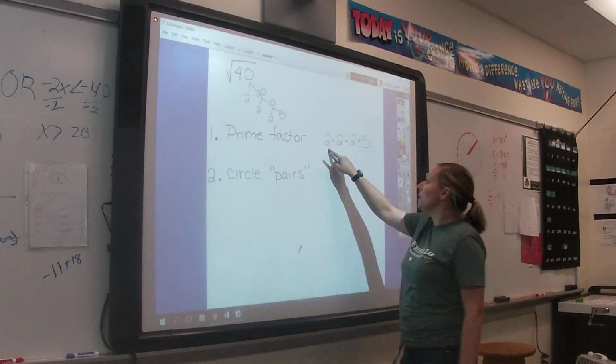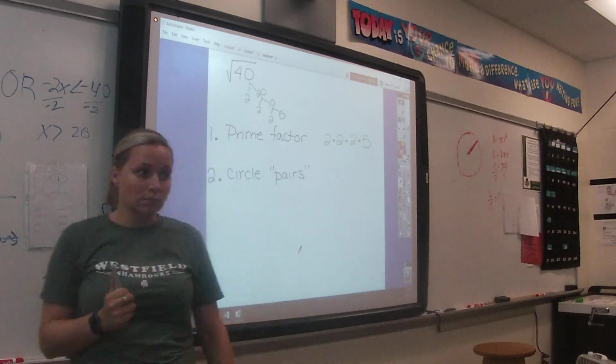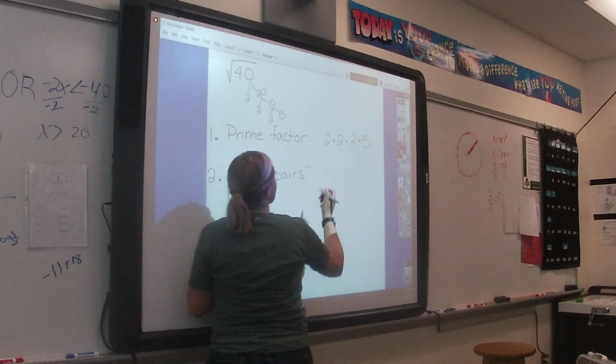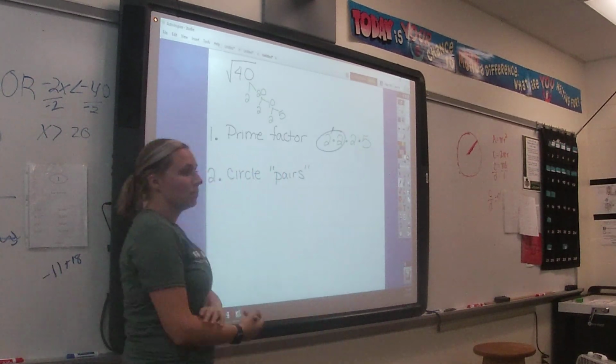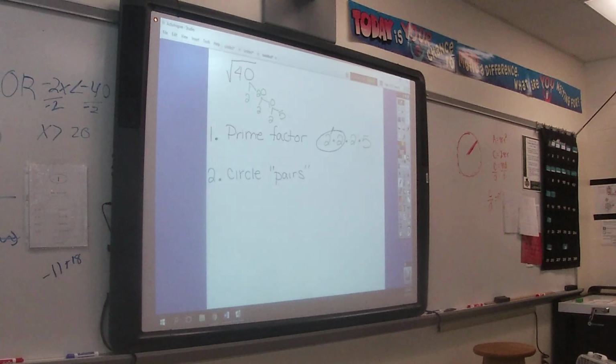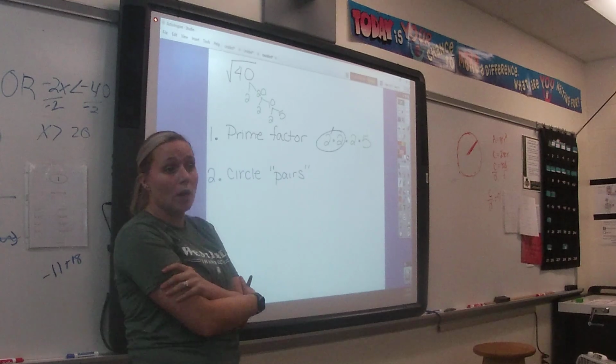So we're going to look up here and we're going to look for any pairs. What do we see a pair of? 2. If there's more than one pair, you can circle more than one pair.